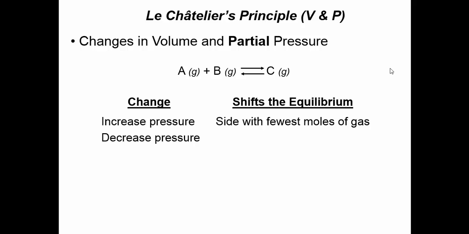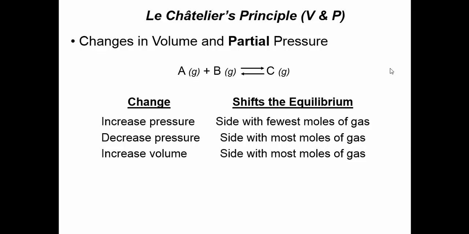Of course, if you decrease the pressure, it will shift to the side that has the most moles of gas, which in this case would mean shifting it to the left. If you increase the volume, remember volume itself doesn't have much of an effect, but if I increase volume, I'm going to decrease the pressure.